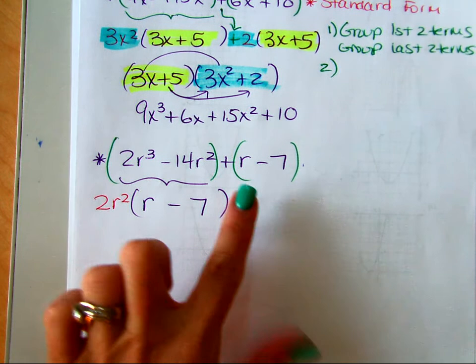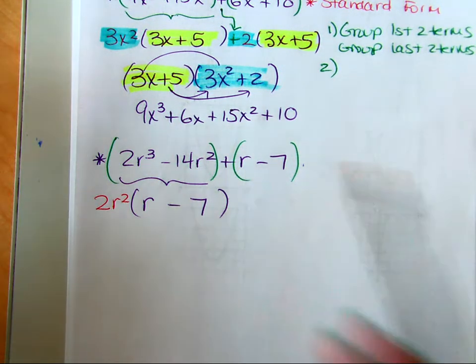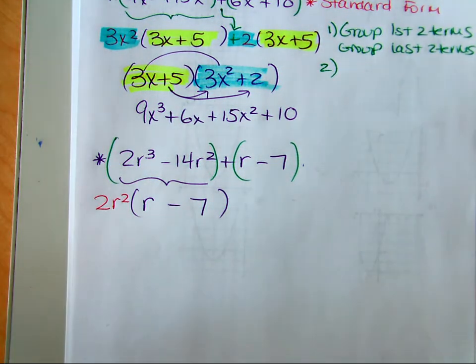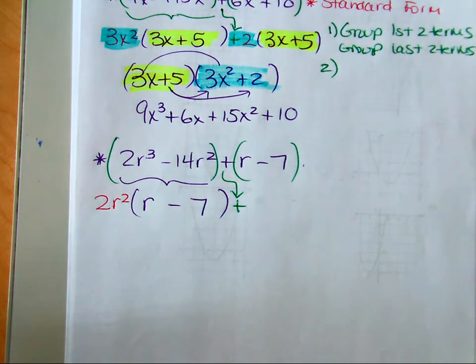I go to pull the GCF out of R minus 7 and people say there isn't one. There's always one. It's just what? 1. The GCF of what do a 7, negative 7 and an R have in common? So second thing to remember is whatever sign's there. And when there isn't really a GCF that's visible, then you just put a 1.